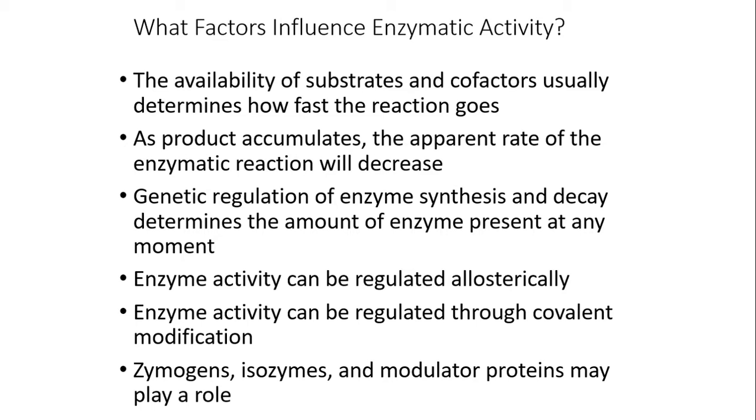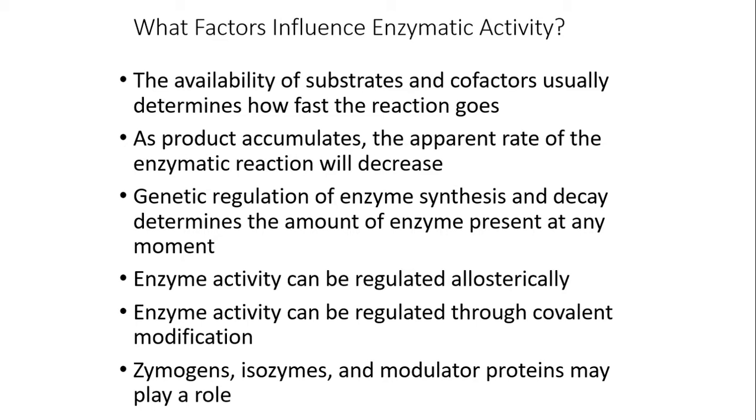Genetic regulation: the amount of enzymes synthesized by a cell is going to be determined by transcription and then, of course, translation, since it's a protein. So the amount of enzyme present at any given moment also is going to determine enzyme activity. And remember, from your biology, that a gene can be induced or repressed depending upon what's needed or what's not needed.